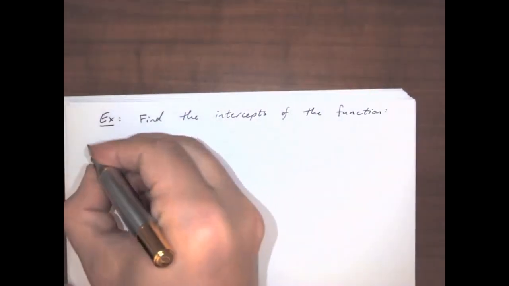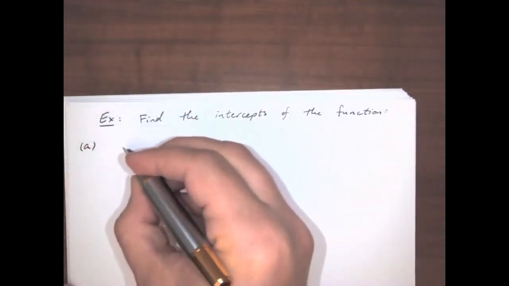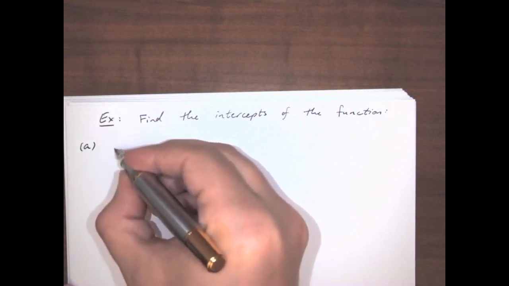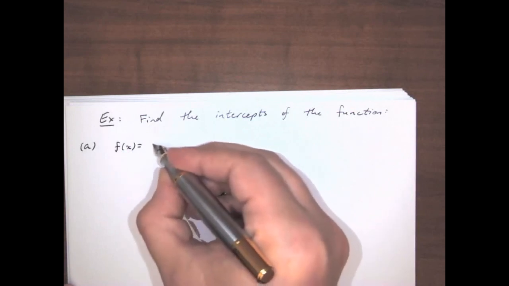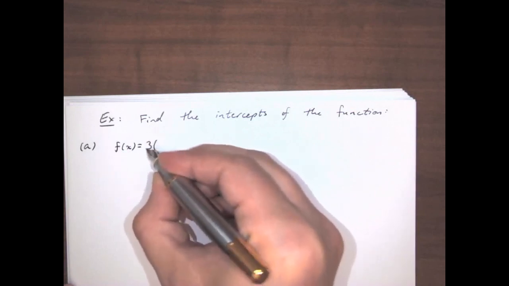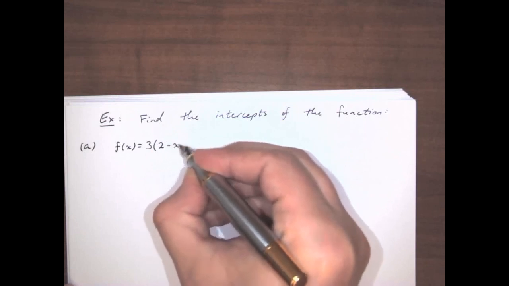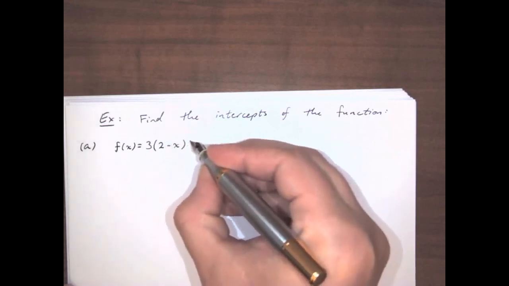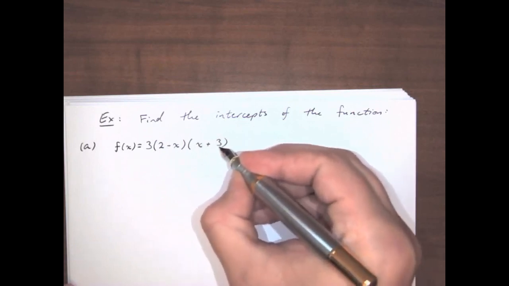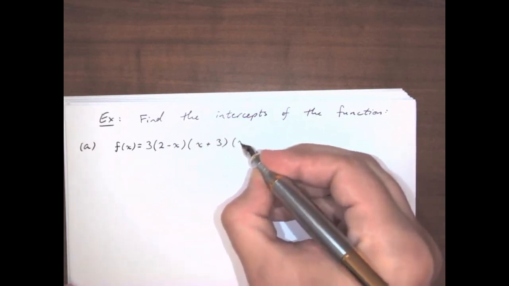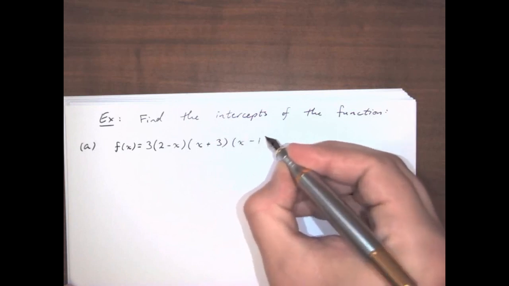Let's start with one that is nice and fully factored out. We could have f of x equals 3 times 2 minus x times x plus 3 times x minus 1.